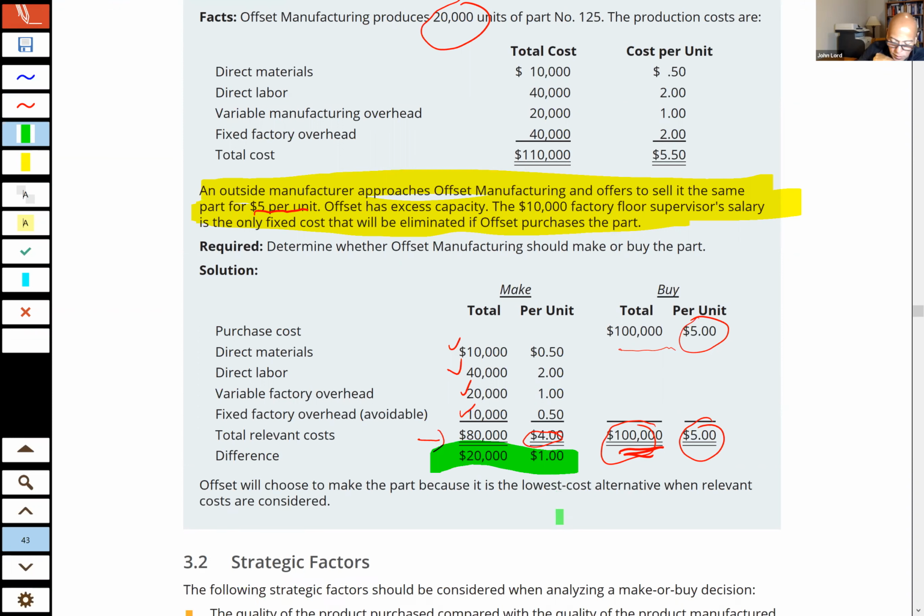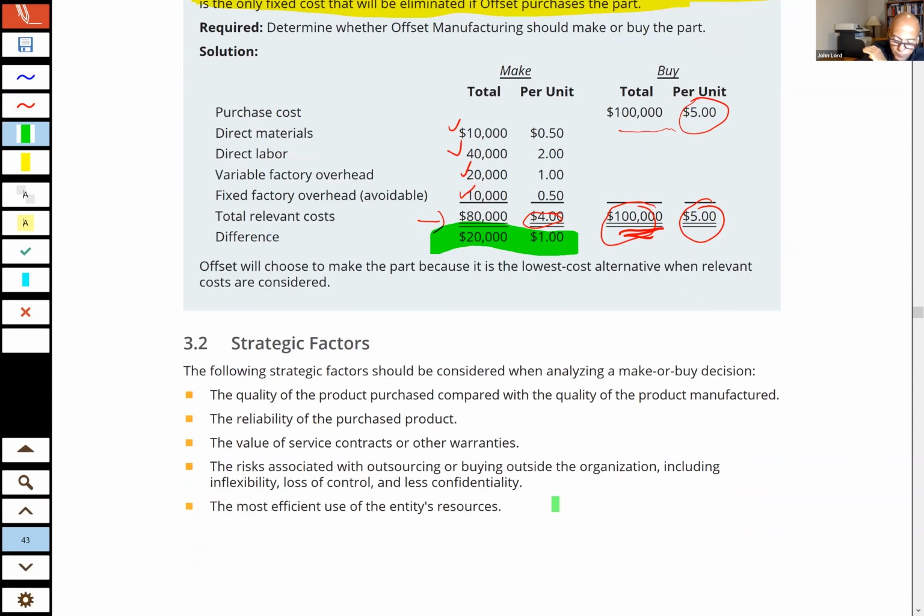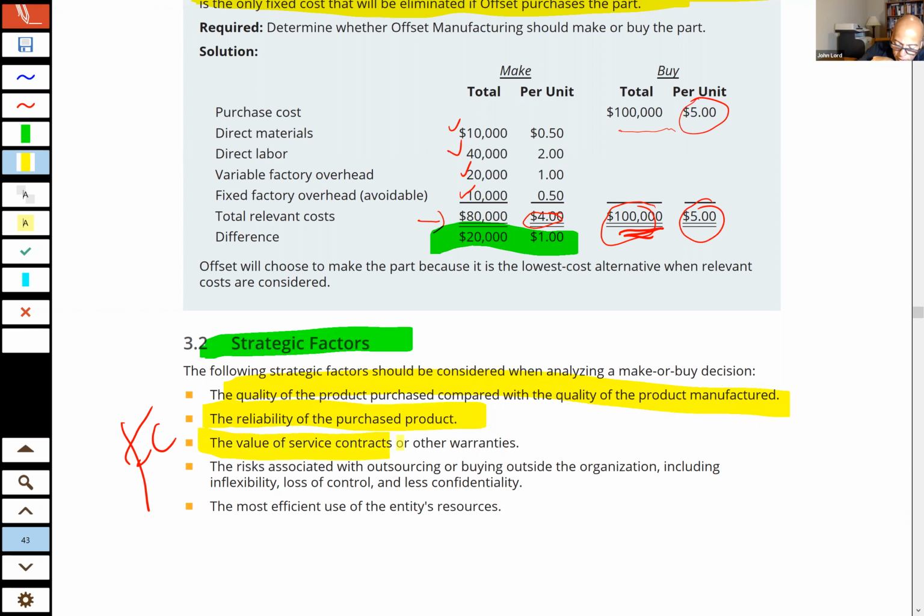Okay. Again, strategic factors, we should flashcard these. The quality of the product: if we purchase it outside, we'll lose some quality control. Reliability of the purchased product, the value of the service contracts or other warranties that we may be giving with items that we now are worried about.